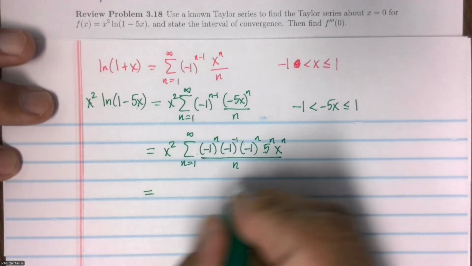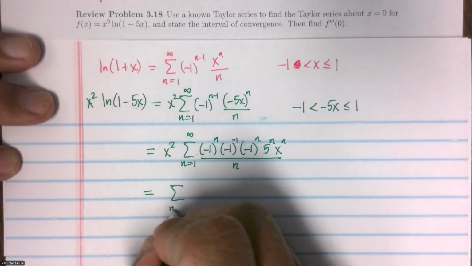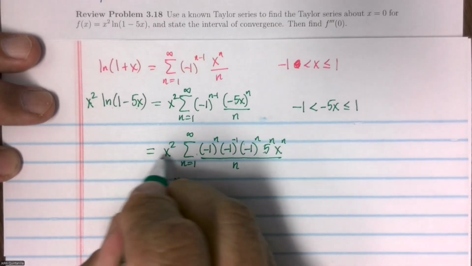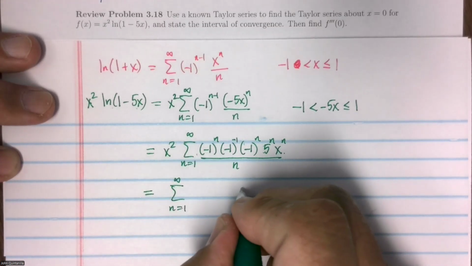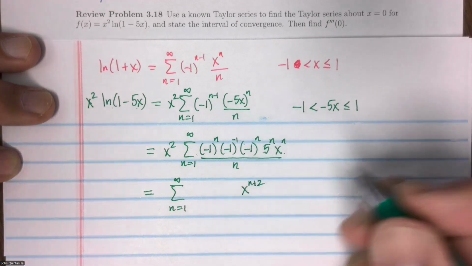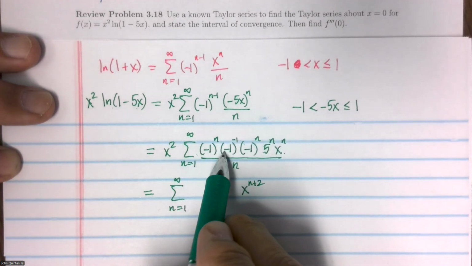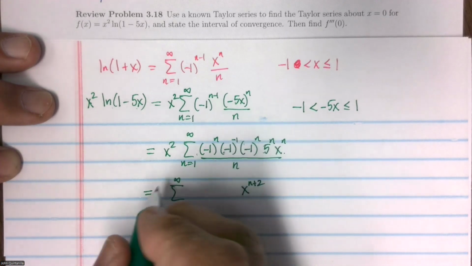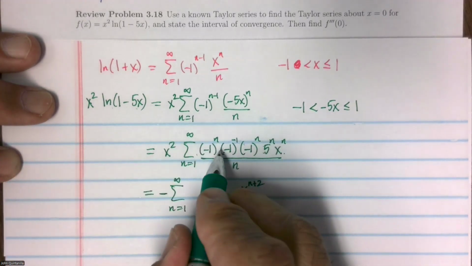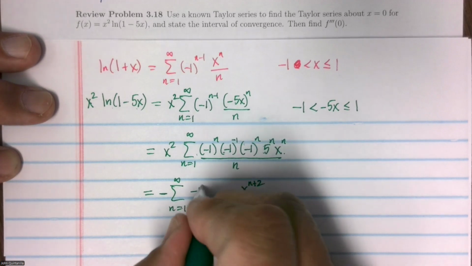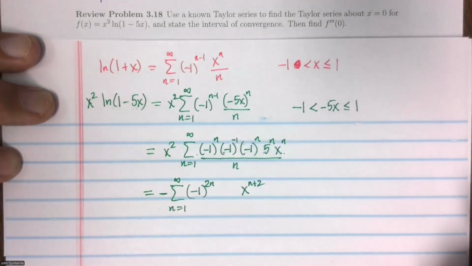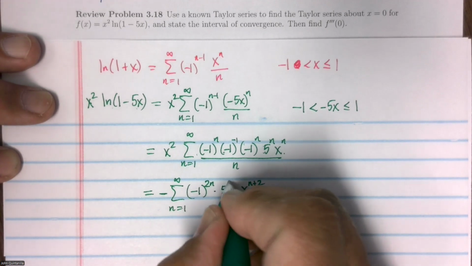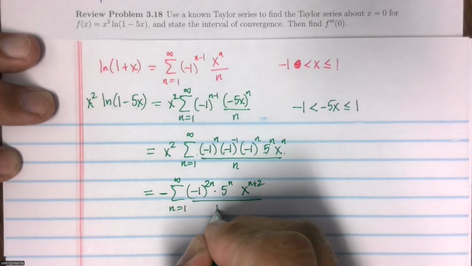So I have the summation n equals 1 to infinity. The x squared I can bring inside, and that becomes x to the n plus 2. (-1) to the -1 is 1 over -1, which is -1. These combine to become (-1)^(2n), and then I have times 5^n over n.